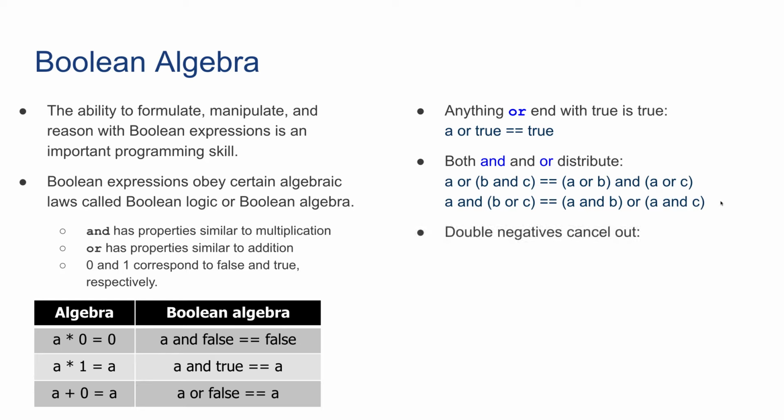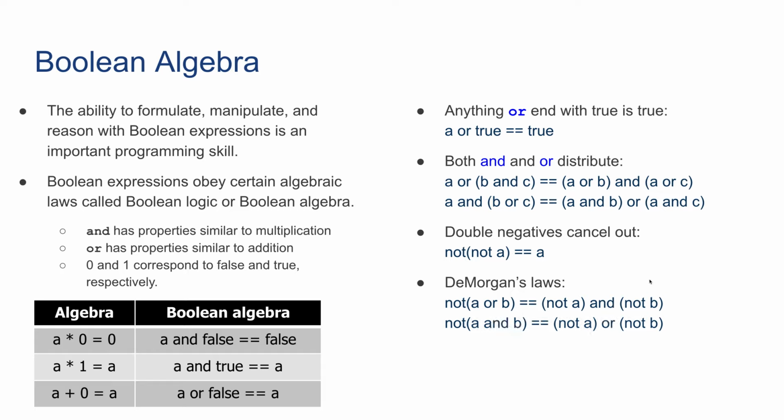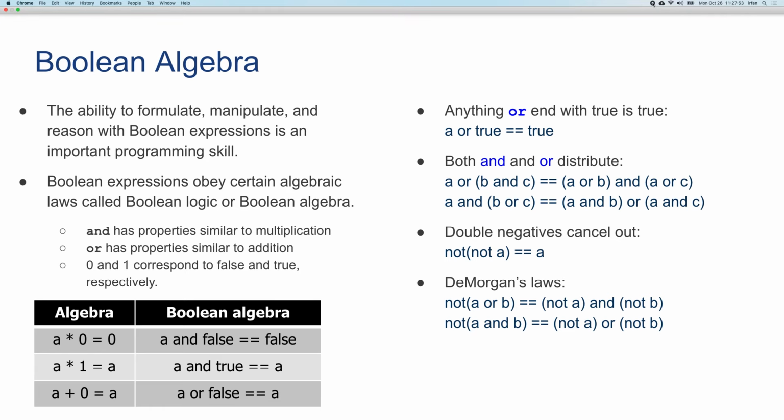Double negatives cancel out, so not not A is A. And De Morgan's law says that not (A or B) is equal to not A and not B, and not (A and B) is equal to not A or not B. Okay, so with this, let's see some examples in the editor.